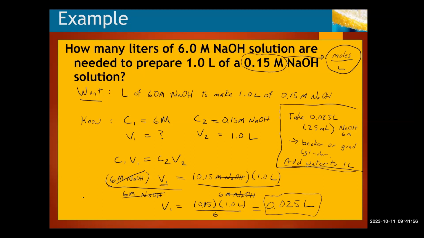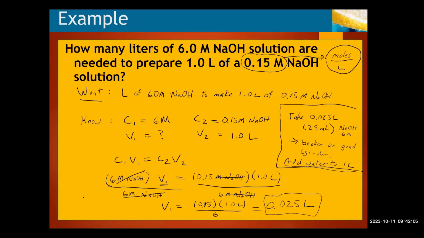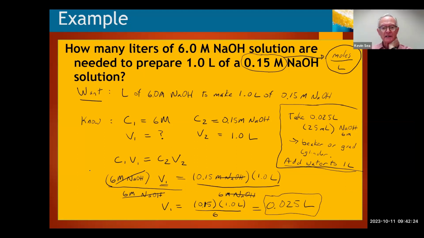I have a dumb question about the math calculations near the end. Go for it. You're only dividing the numbers, 0.15 is in molar and 6 is in molar. Is that why you're dividing them, but not dividing the 1.0 liters by 6? Well, the way multiplying and dividing works, you could do it two ways.